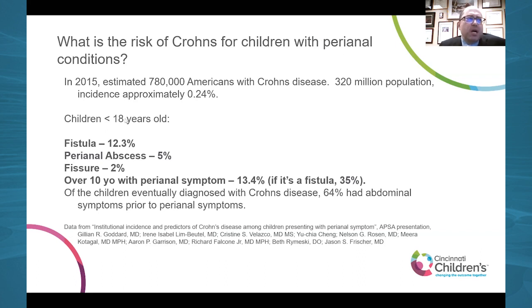If you're under 18 and presented with a fistula, 12% developed Crohn's, 5% of abscesses, 2% of fissures. Children over 10 years of age with their perianal symptom, 13%, and if that symptom was a fistula, that group had 35% likelihood of having Crohn's. And looking back at the children eventually diagnosed with Crohn's, 64% of them had abdominal symptoms that you could pair with their perianal symptom and say this might be a high-risk patient. You guessed it, paper's linked below.